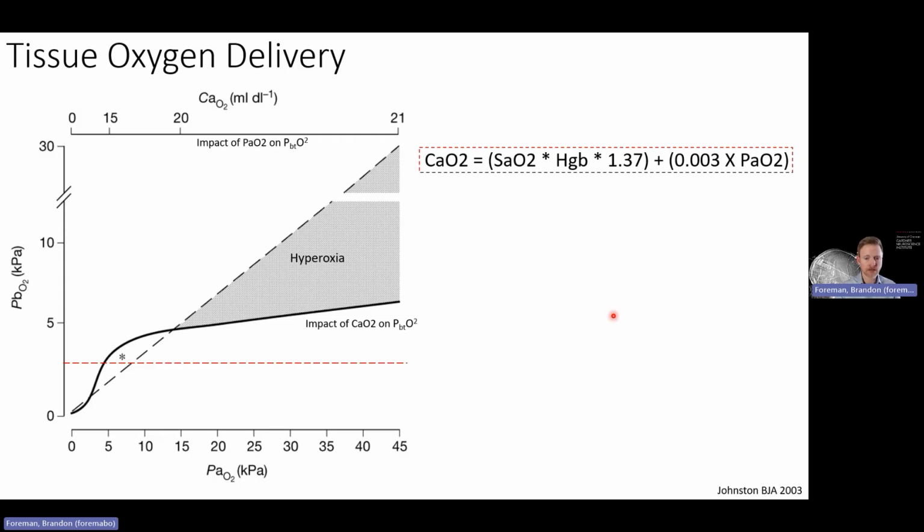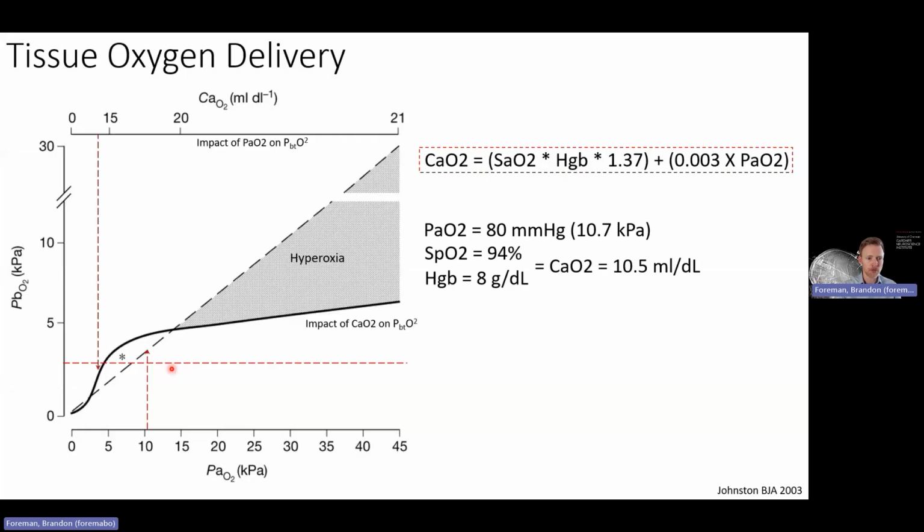So for instance, take this example. If the PaO2 for a given patient is 80 millimeters of mercury, or 10.7 kilopascal, you might expect preserved brain tissue oxygen based on where this line is showing the PaO2 relative to this modeling of brain tissue oxygen. But if you have a traumatic brain injury patient, the hemoglobin might be low.